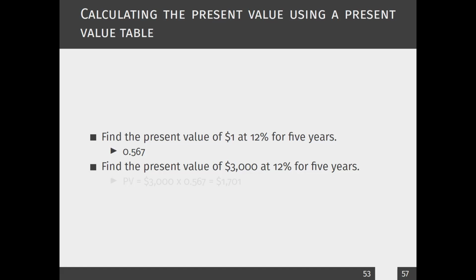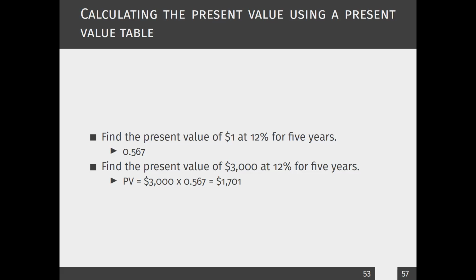You get 0.567 and you have to multiply by 3,000. And you are getting 1,701. Good. Some of you have already shared your answer with me before I explain it.